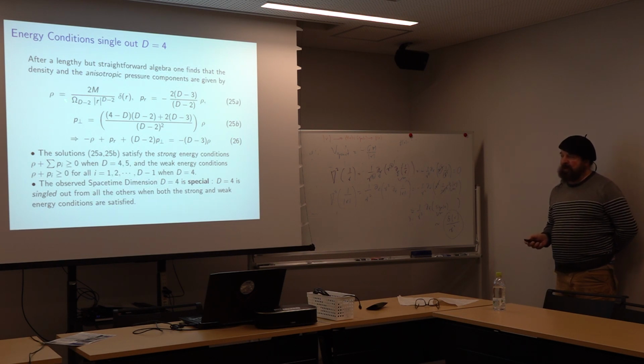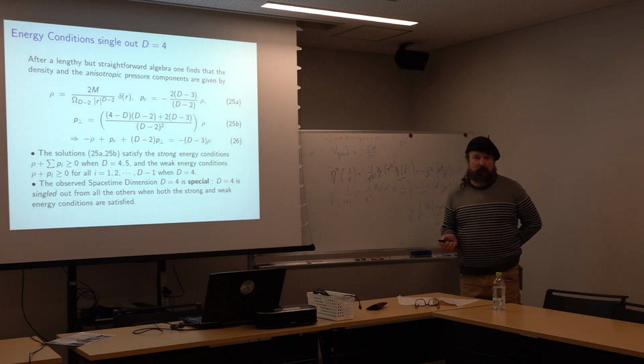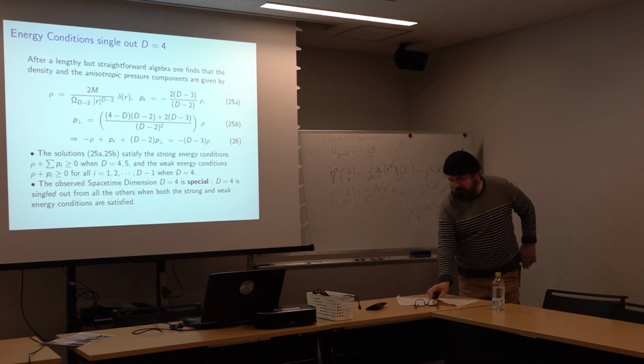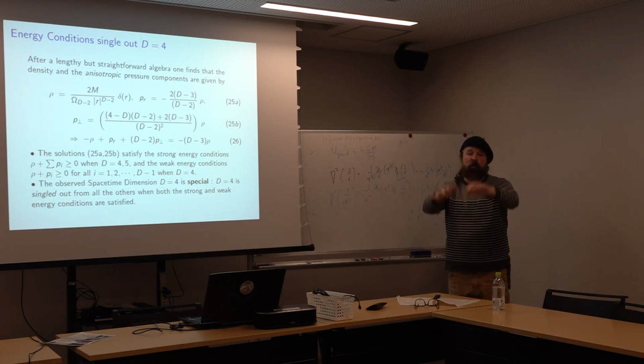You have a solid angle in d minus 2 dimensions. You have this expression. You're going to have a radial pressure. The radial pressure is going to be proportional to the density, but it has a negative sign because of course you want to have something which is self-gravitating. Okay. So imagine you have a spherical droplet, a fluid droplet, like a balloon of water, which is self-gravitating.